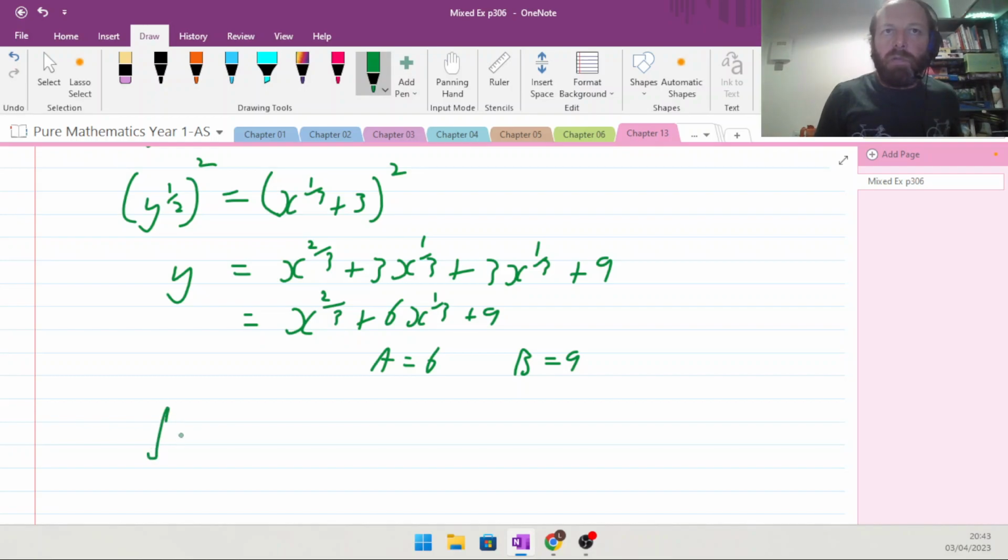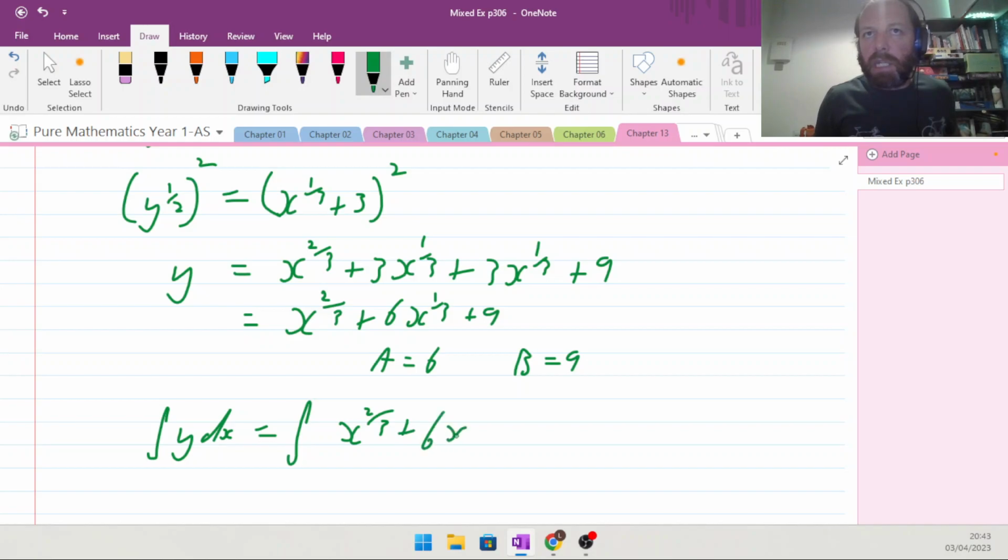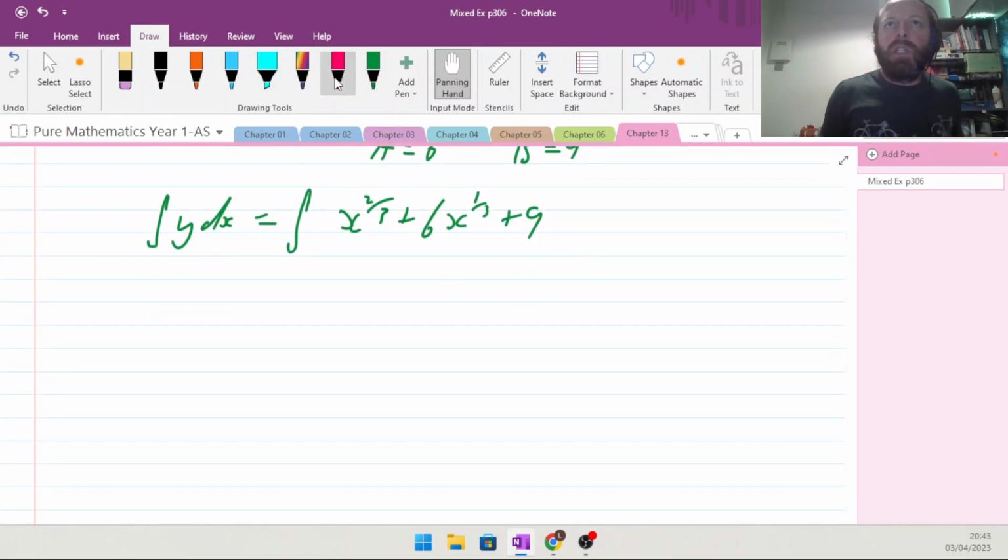So the integral of y with respect to dx is equal to the integral of all of this. x to the 2/3 plus 6x to the third plus 9. So again, we increase it by 1, so that's going to be an extra 3 on there, so it's going to be 5.